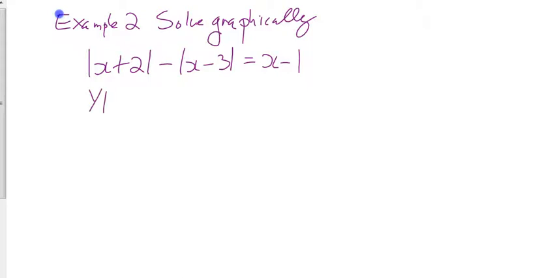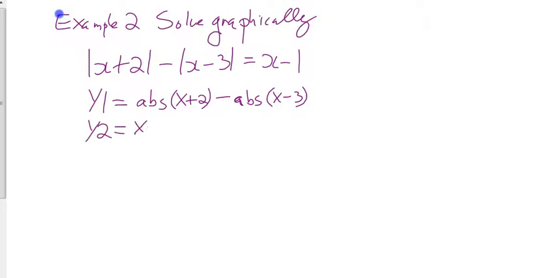So in this, we'll graph y1 is ABS, minus ABS. And in y2, we will graph x minus 1. And then we will find the intersects.